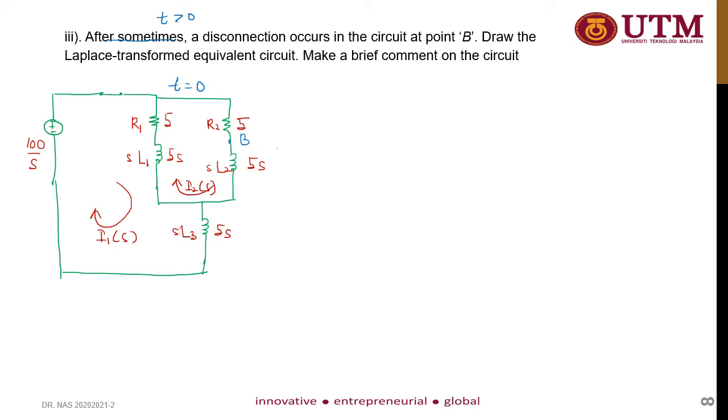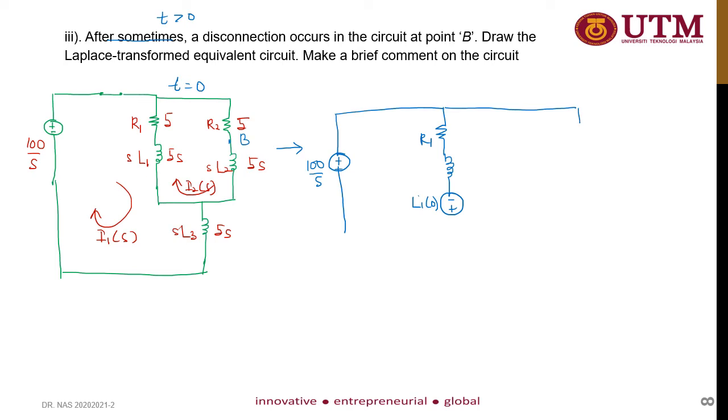So in this case, after disconnection occurs, the source is 100 over S, and then you have the resistor staying as it is, and then the inductor in series with an additional source, which is equal to L I naught. So what is L I naught? I'll show you later on.